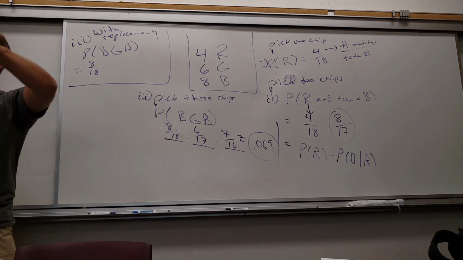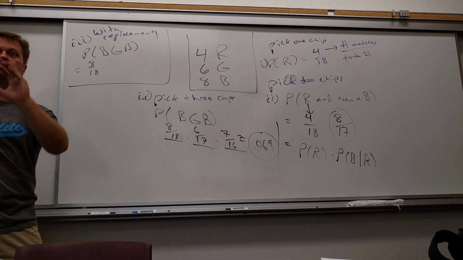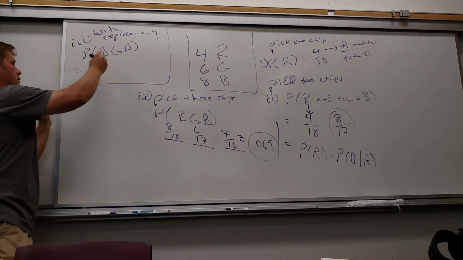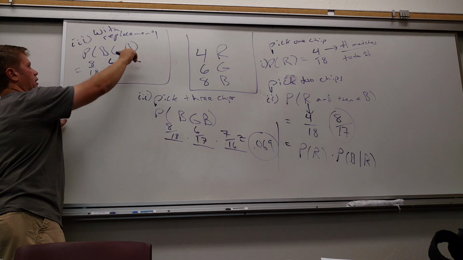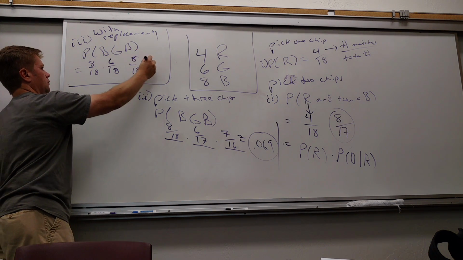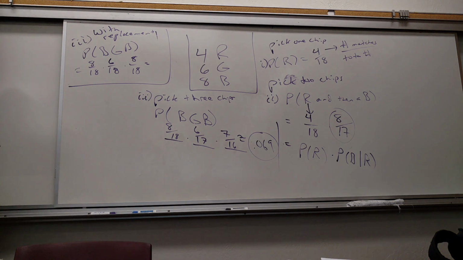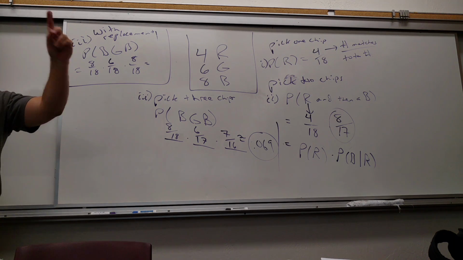The probabilities don't change now because I'm resetting it every time. And probably blue is still 8 out of 18. So when I say with replacement, that's nice. Nothing changes. When I say without replacement, now that's going to affect everything else that comes after it.